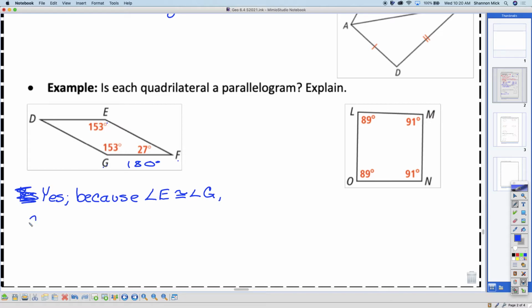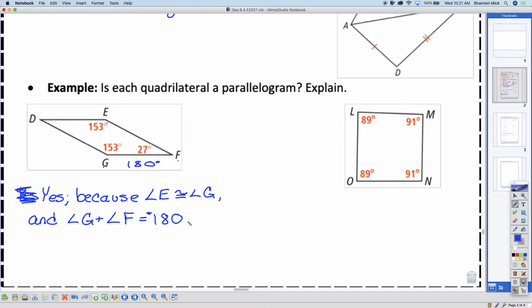And angle G plus angle F is what? They're supplementary, so they're 180 degrees. So what you were doing, Carly, wasn't wrong, but you don't have to go that far. You're just doing extra work.